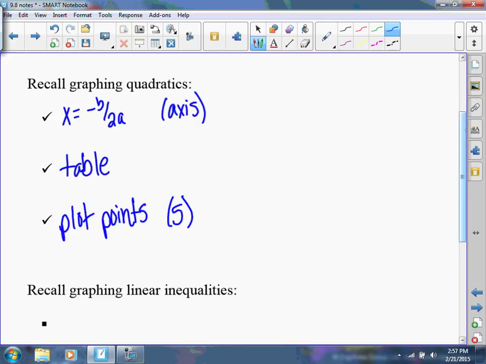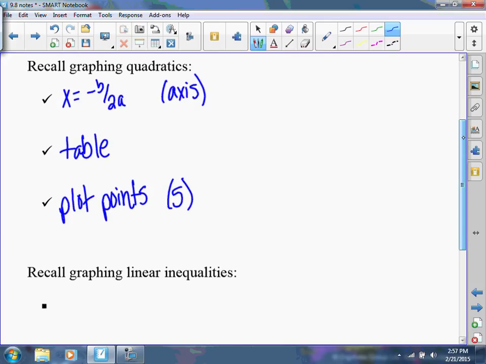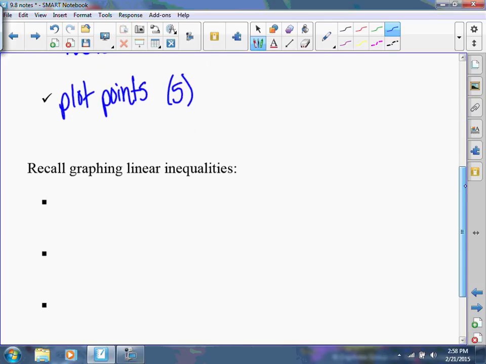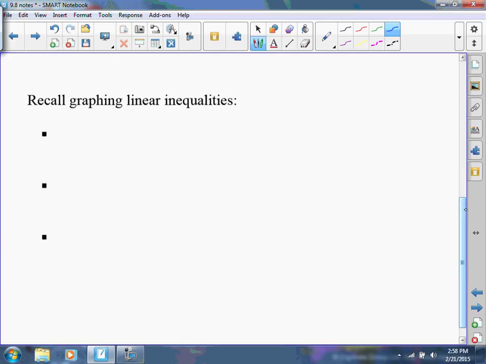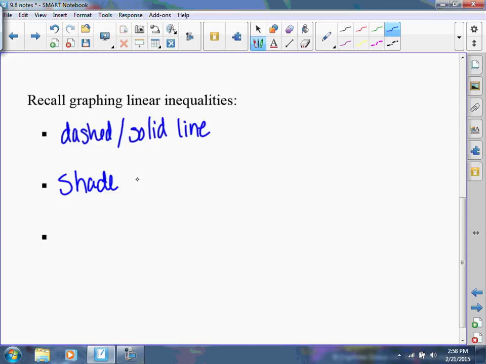Okay? So we're still going to do those same steps today, and we're also going to use a dashed or a solid line to connect our points, and then we have to shade either above or below, but now it's kind of like inside or outside the parabola.